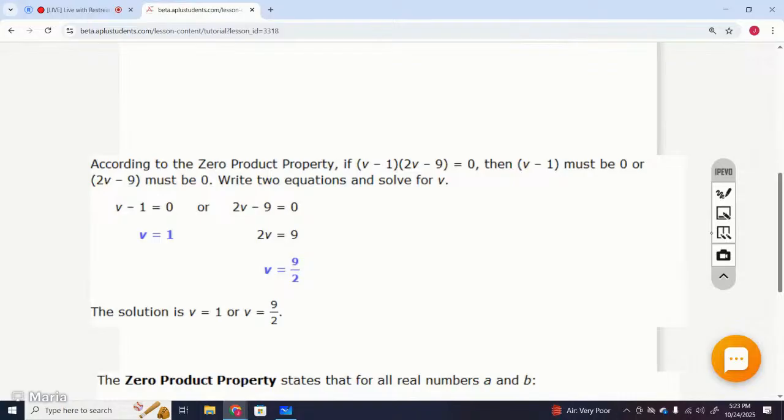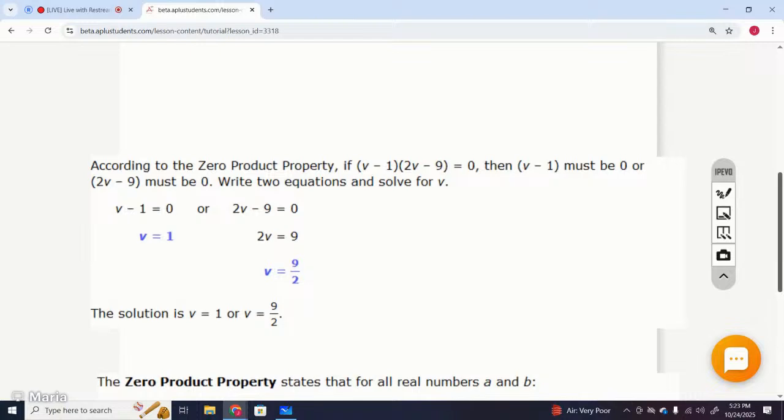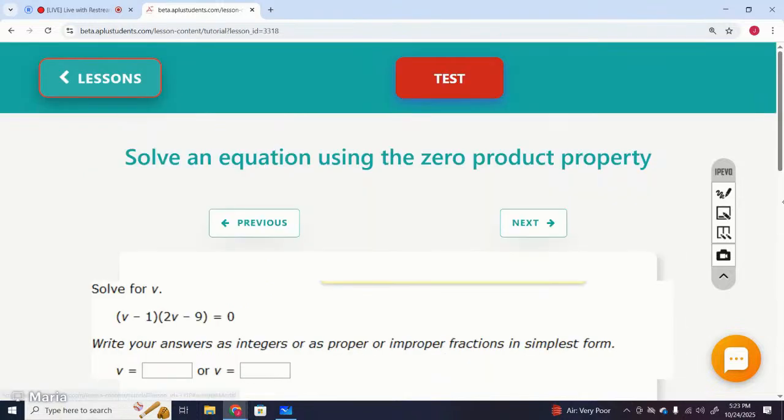V equals 9 by 2. Let's just start with the test questions.